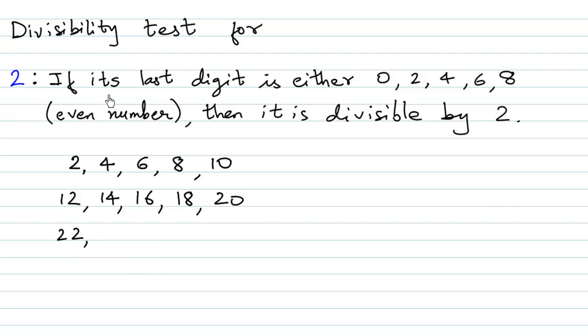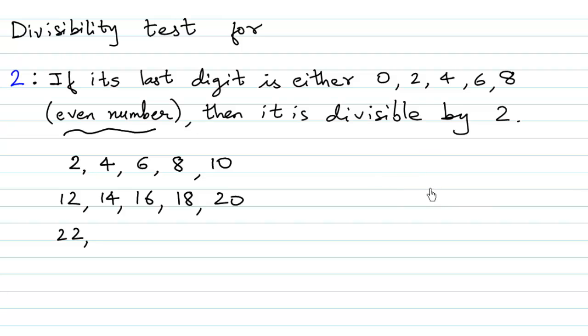If you look properly, the last digit is either of the following: 0, 2, 4, 6, 8. Here the last digit is 0, over here it is 2, over here it is 4, over here it is 6, over here it is 8. In other words, it's an even number, and then that number is divisible by 2.